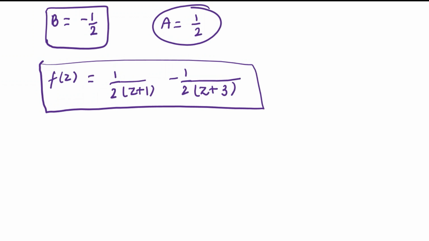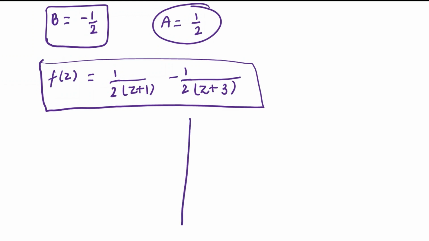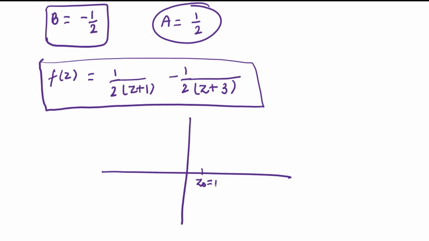Now we will see the different regions. If we look at it in the complex plane, somewhere here will be z naught equal to 1, and this is minus 1, this is minus 3.